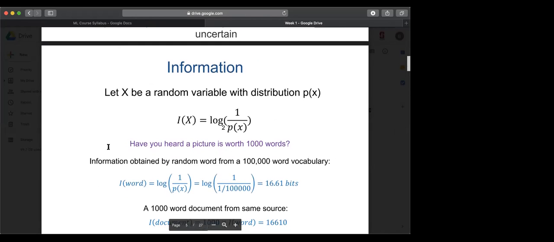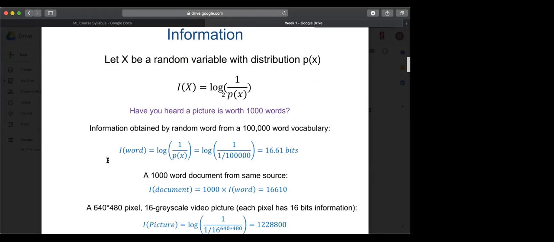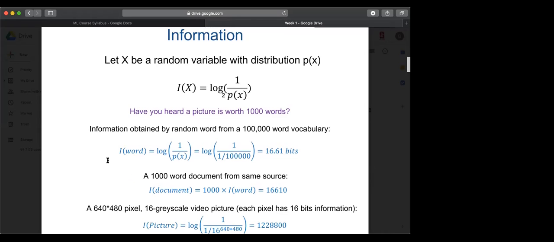Here it's talking about a random variable x, and then you have a probability distribution p. This is just the basic formula for calculating information, for at least discrete, or some probability distribution, right? All information will be written in bits.